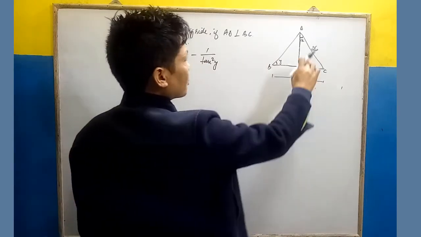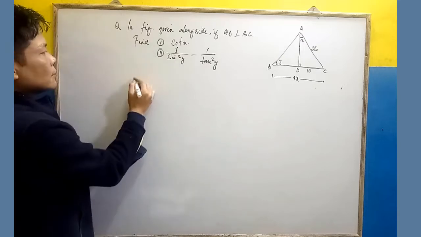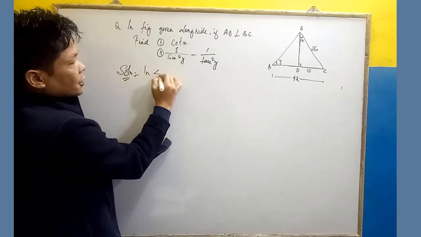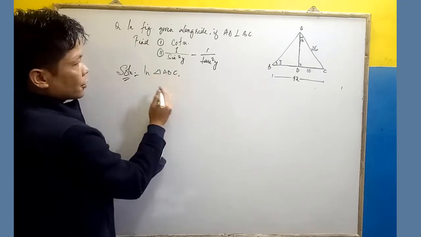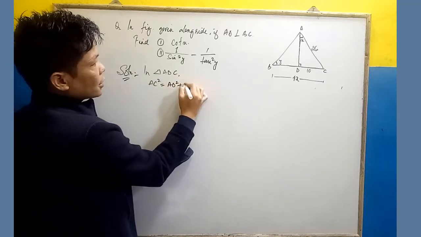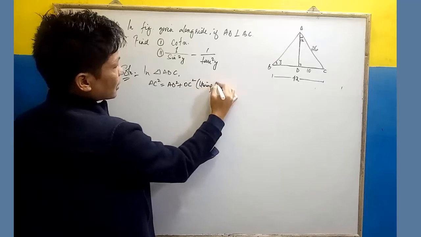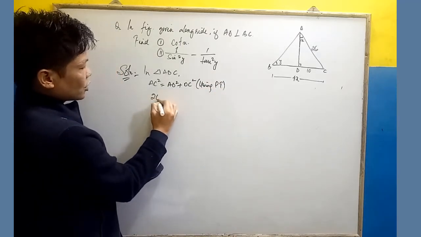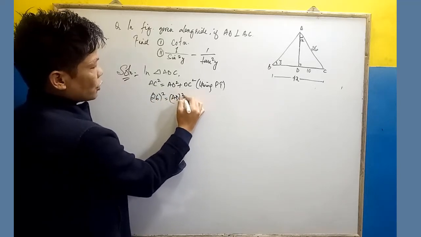So first let us find out the value of AD from this triangle ADC. In triangle ADC, if we use Pythagoras theorem, we will have AC square equal to AD square plus DC square. This is by using Pythagoras theorem. AC is 26 square. AD is the value which we are going to find out.